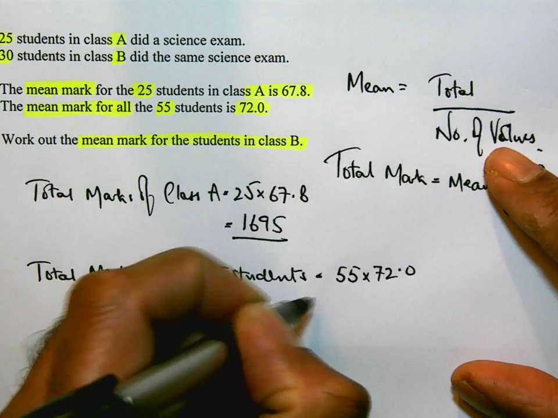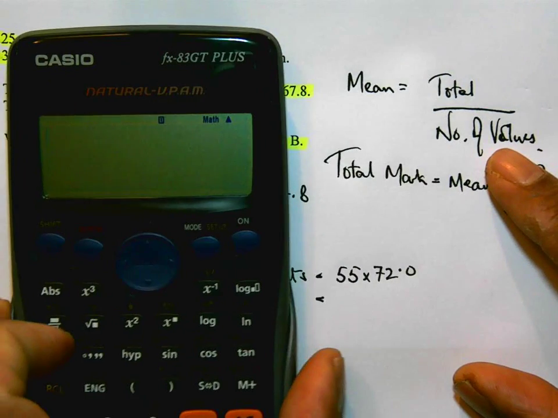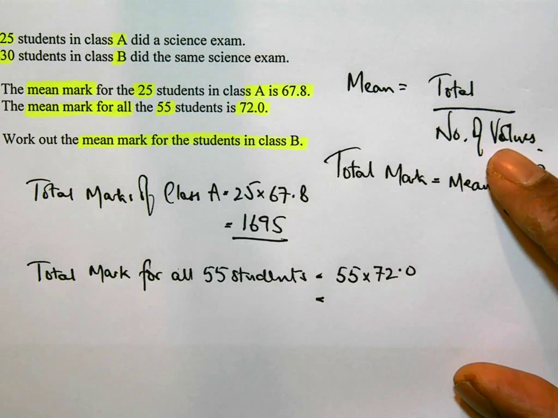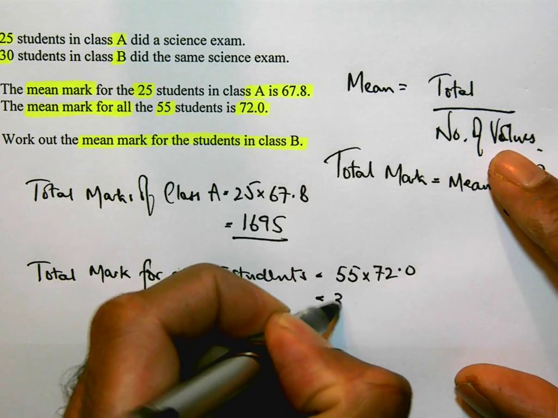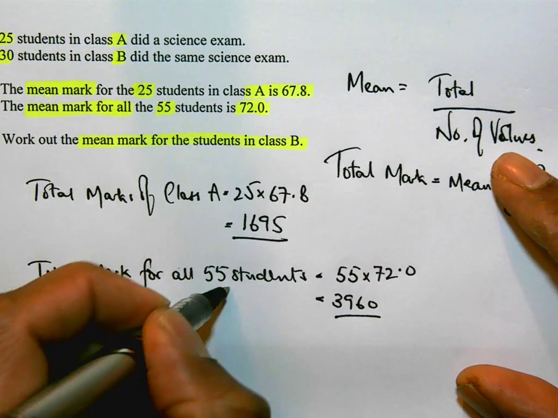Let's see what that is. 55 times 72, and that gives me 3,960. So that's the total marks for all 55 students.